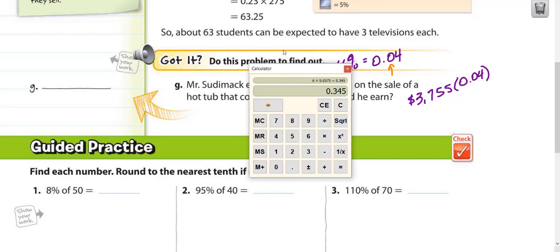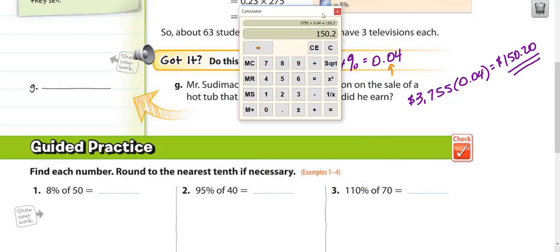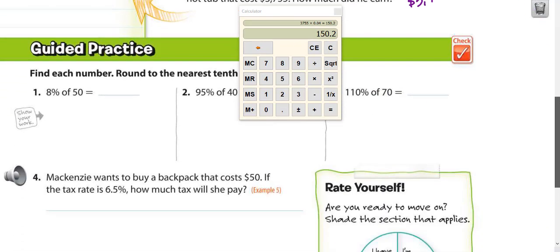And again, calculators, real tools for real problems. 3755 times 0.04 equals $150.20. So $150.20 is his commission.